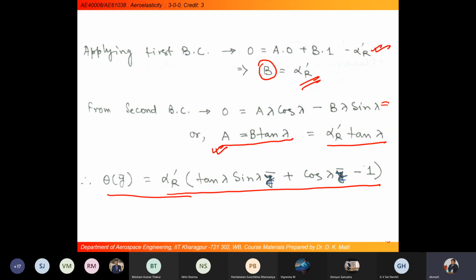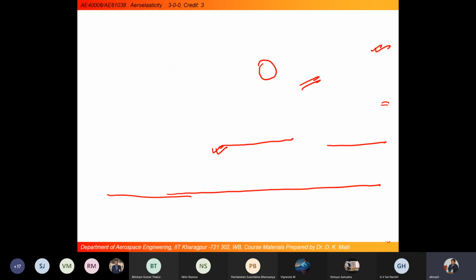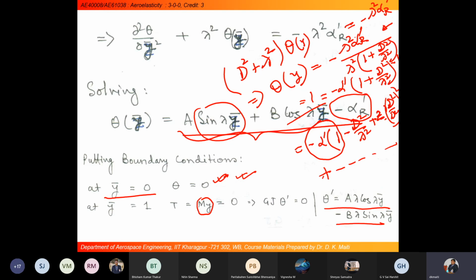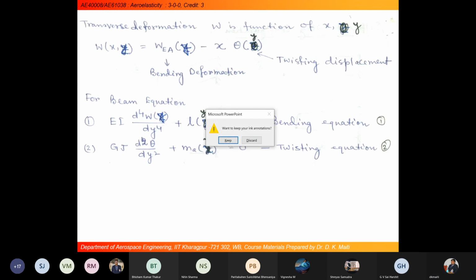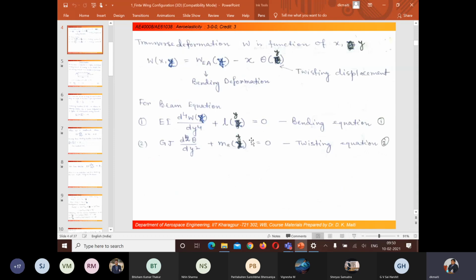Whatever rigid angle of attack we are giving to the wing, the clamped part is basically the fuselage. If you look here, the support is with the fuselage.